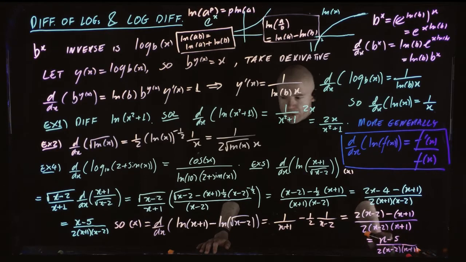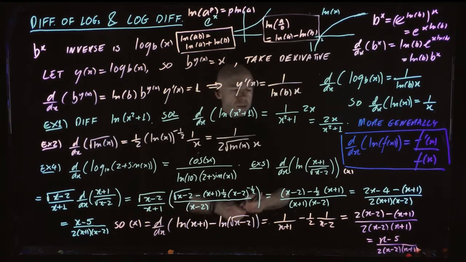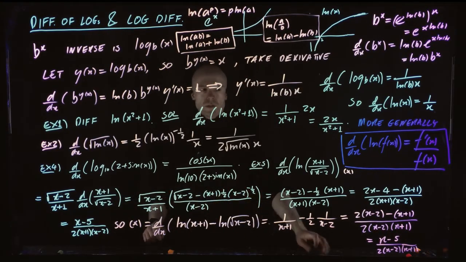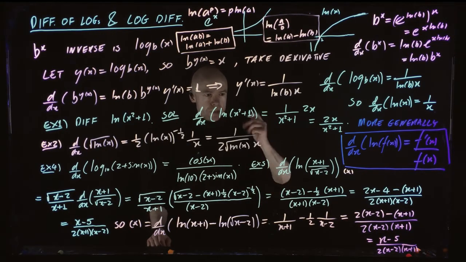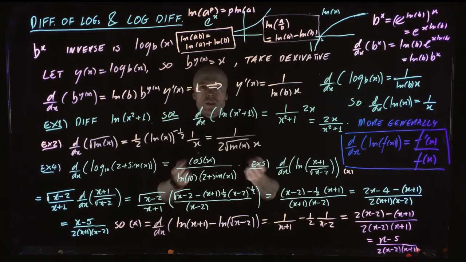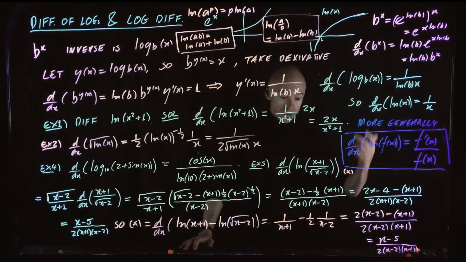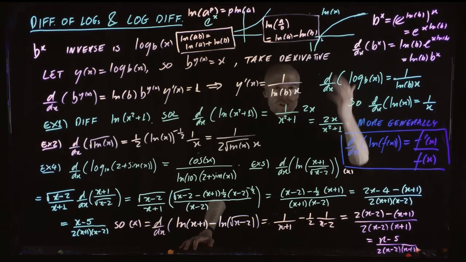Right? Same answer as over here, but much faster. Okay, cool. So how did this work? This worked because logs turn products into sums and quotients into subtraction. And it's way easier to differentiate the sum of two functions, because the derivative of f plus g is f prime plus g prime, and the derivative of f minus g is f prime minus g prime.